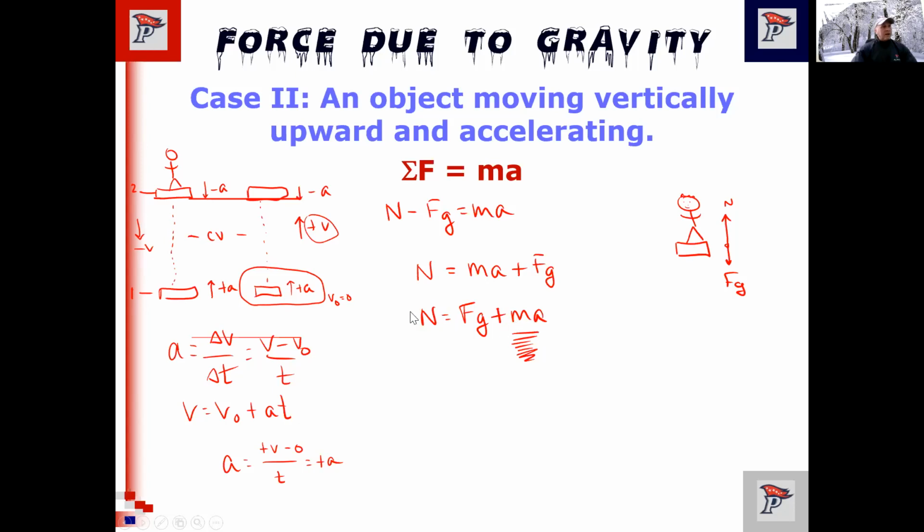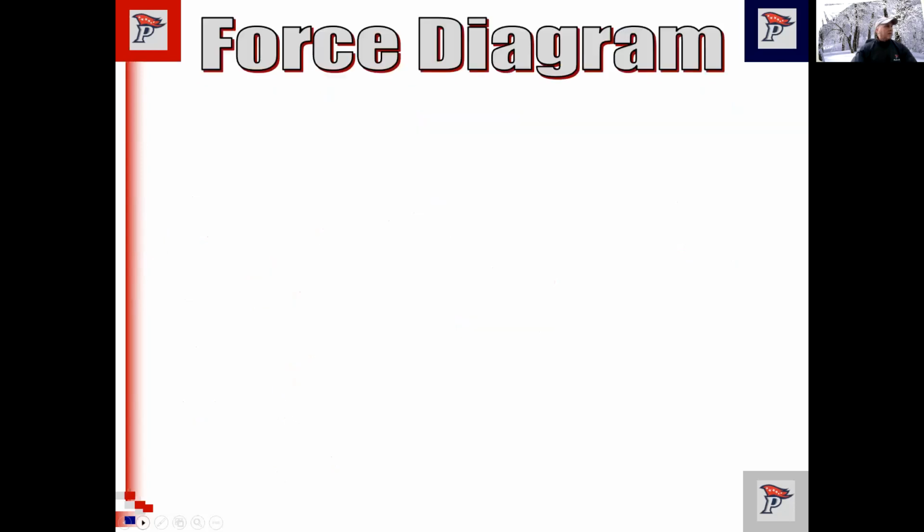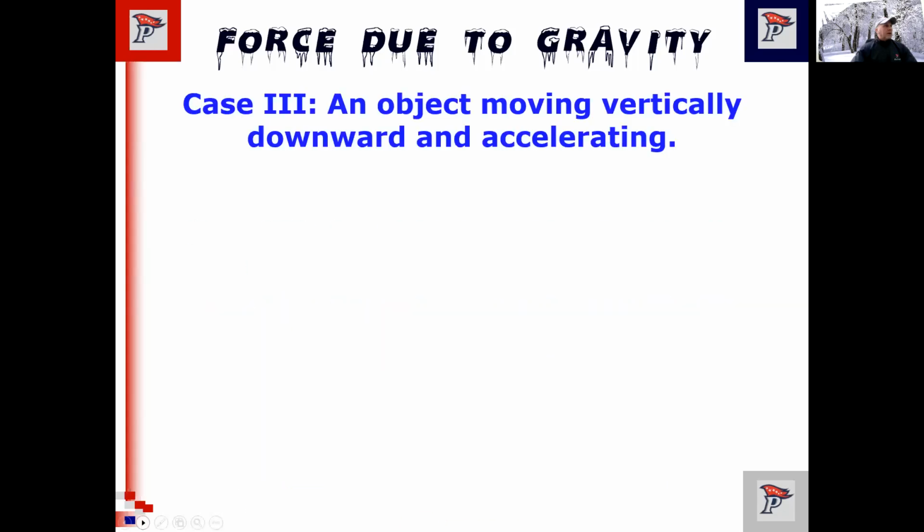But in our application here, the normal force or scale force is going to be greater because of that ma. And then the last case is what happens when it's the opposite. You're on the second floor and you're going down. One of the dangers, and you'll see it on the last slide when you draw the force diagram for each case, is that on older AP tests there are problems giving you all three cases and graphs.